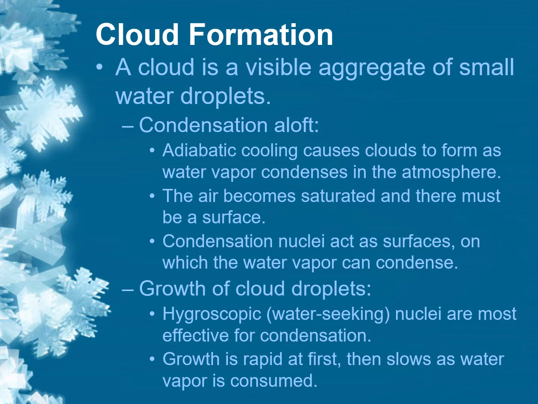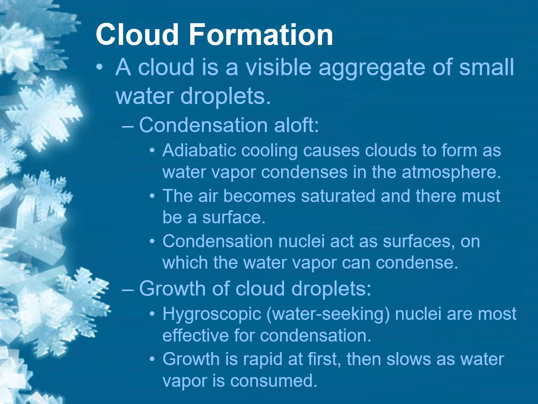Adiabatic cooling causes clouds to form as water vapor condenses in the atmosphere. So when the air becomes saturated, meaning you've hit the dew point temperature, 100% relative humidity, then you need a surface to condense upon. So condensation nuclei act as surfaces on which water vapor or ice crystals can condense.